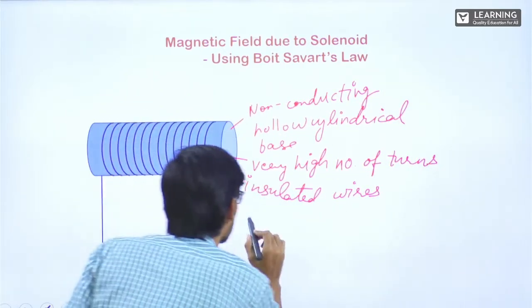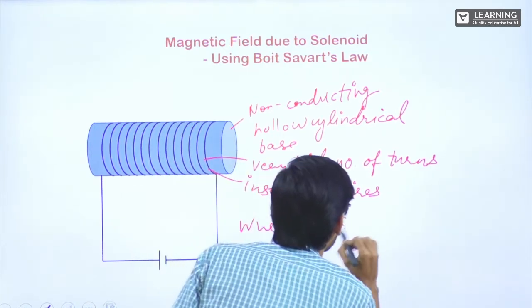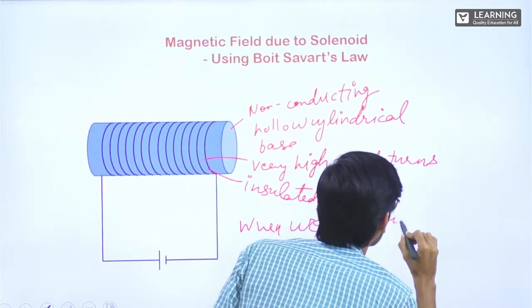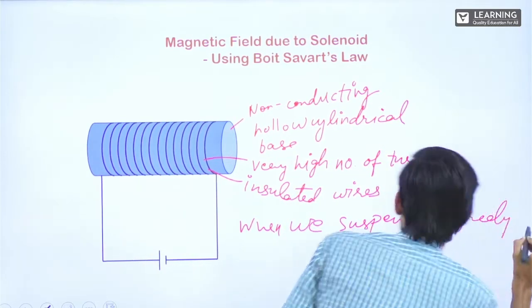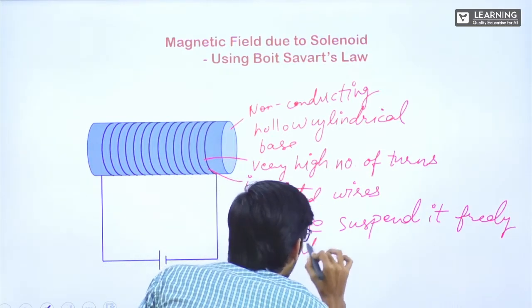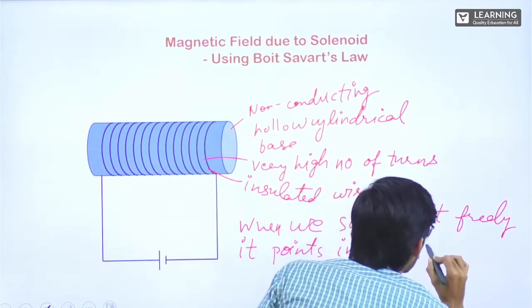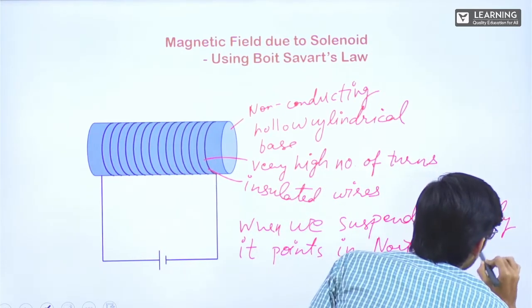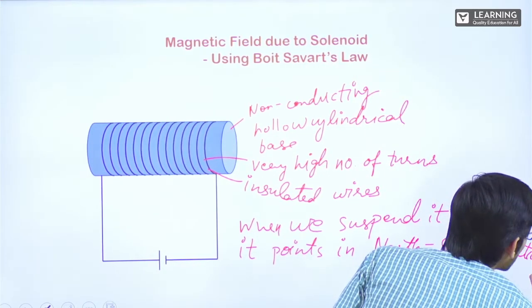Clear? This setup, when we suspend it freely, points in north-south direction. On changing the current, it rotates 180 degrees.